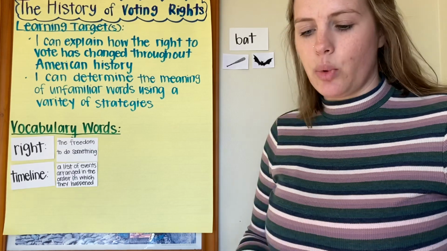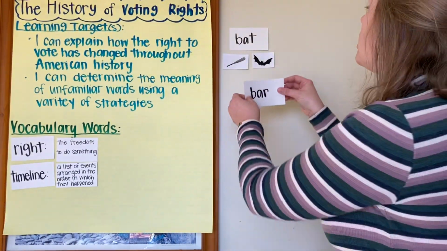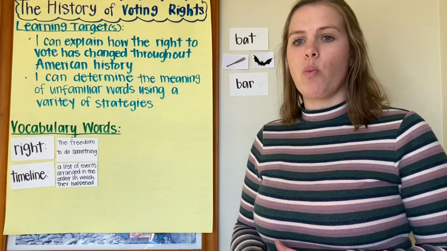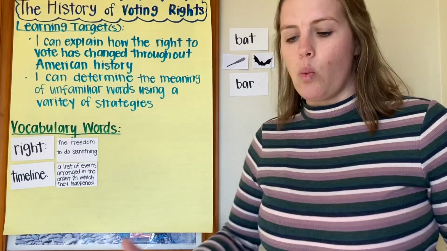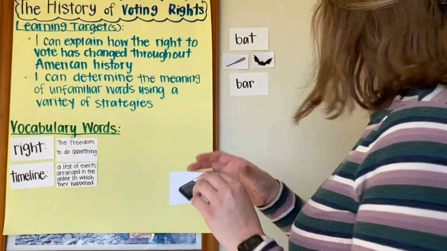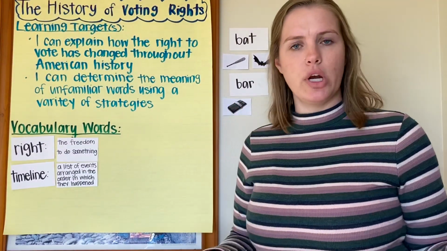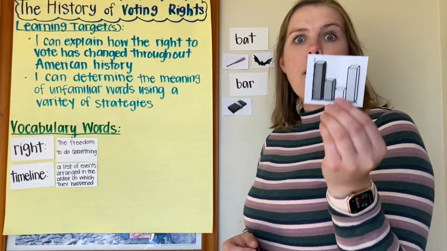Let's think about another word. How about the word bar? This word has a lot of meanings. Think to yourself, what are some word meanings of this word bar? Some of you might be thinking, oh my gosh, a candy bar, chocolate bar. Yes, me too. I do love a chocolate bar. That's exactly right. That's one way we can use the word bar. Maybe some of you are also thinking a bar graph.